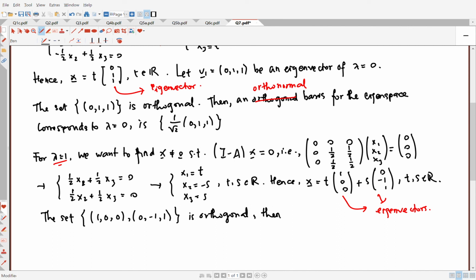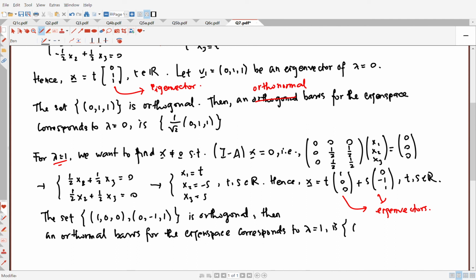Then an orthonormal basis for the eigenspace corresponding to lambda equals 1 is (1, 0, 0), I just need to make the length equal to 1, and 1 over square root 2 times (0, minus 1, 1).